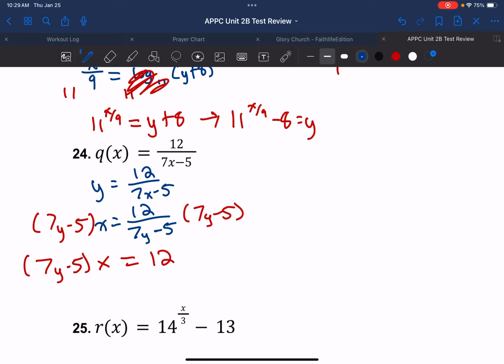Let me think. I would leave it as is, and here just go ahead and divide the x over instead of multiplying it in. Yeah, I was trying to think if that's the way that I would want you to do it.